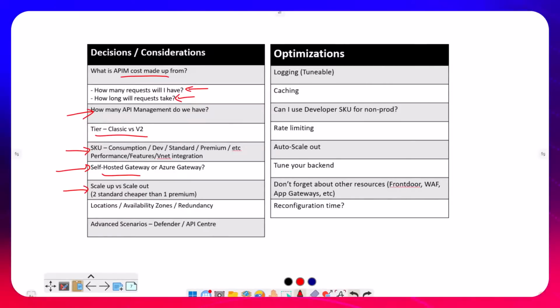Now, I think in the case of standard on classic, 2 standard nodes is cheaper than 1 premium node. So in that case, scaling out would be a better way of increasing my throughput without having to increase my costs as much as if I went up to premium.